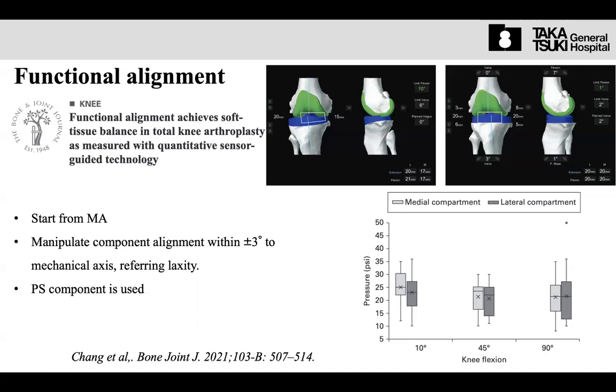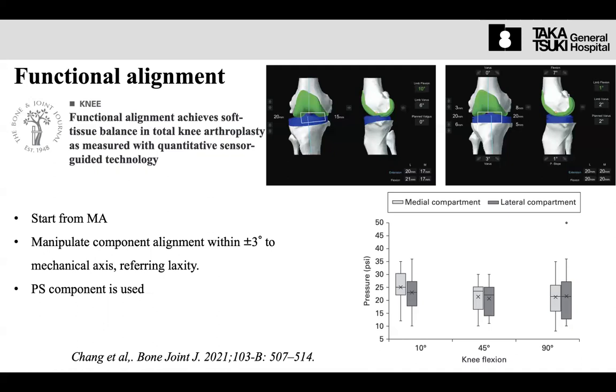The final goal of functional alignment is to adjust the gap. So slightly lateral loose or equal doesn't matter. That depends on the surgeon's philosophy. If the surgeon wants to make a slightly lateral loose gap, the surgeon can control that.